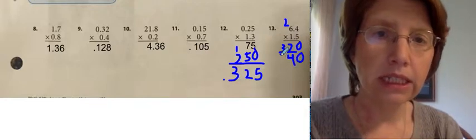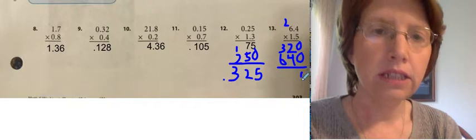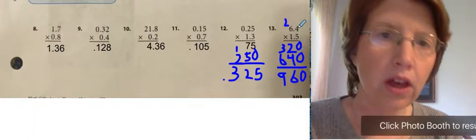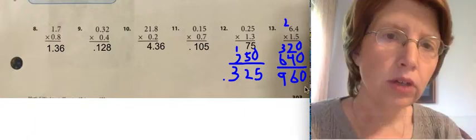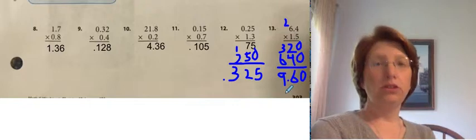And 1 times 6 is 6. Add. 0, 6, 9. Count your decimals. 1, 2. Count over. 1, 2. Decimal. 9 and 60 hundredths.